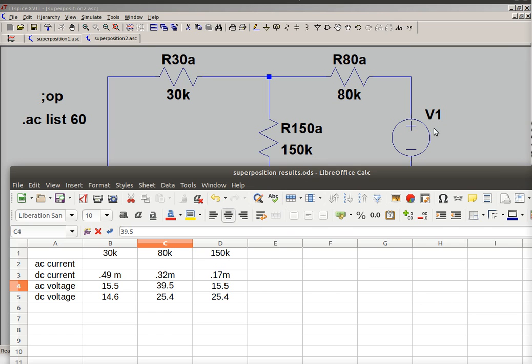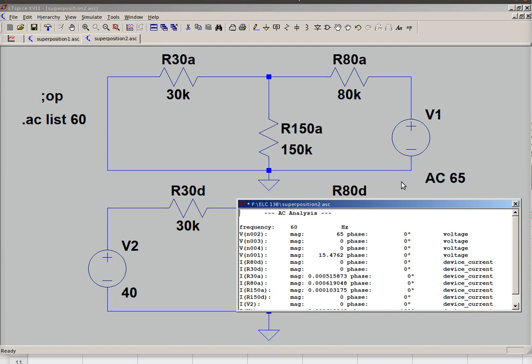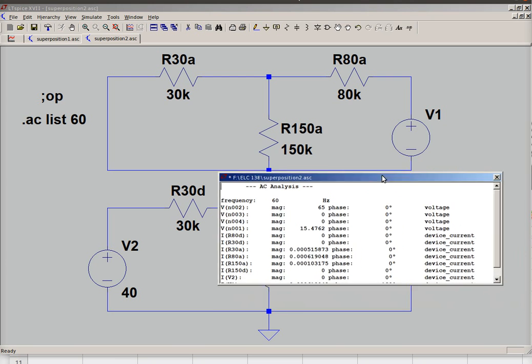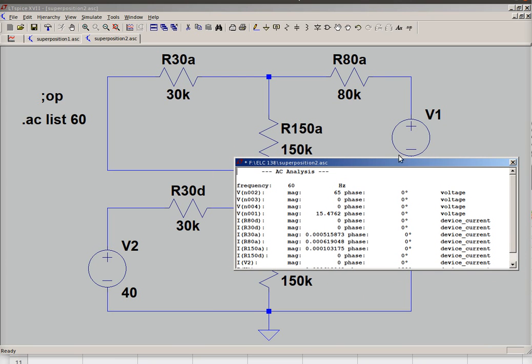Alright, my AC currents, I can get those directly. The 80K current should split into the 30K and the 150K. So if I go down here to my R80, I've got 0.62, which splits into 0.52 and 0.10. So that's right: 0.62, 0.52, and 0.10 are my currents.